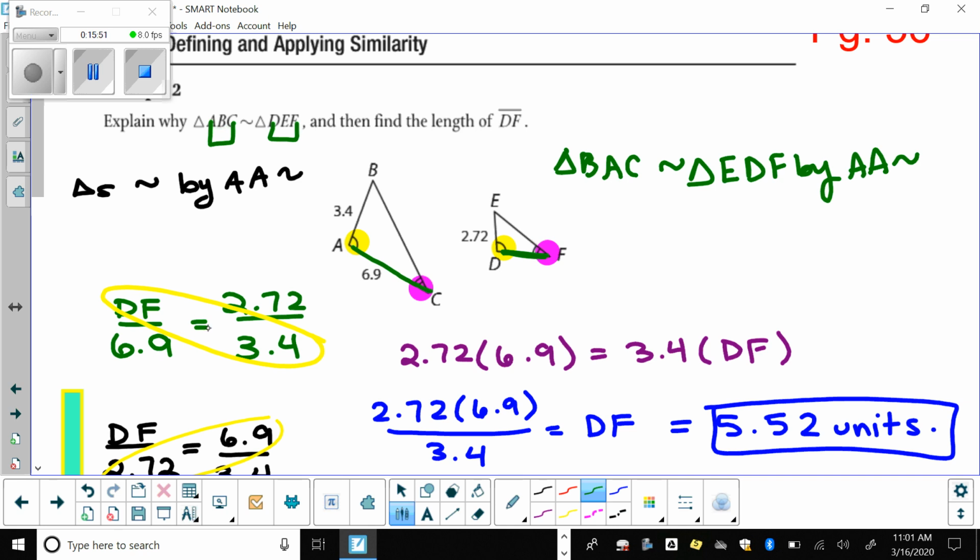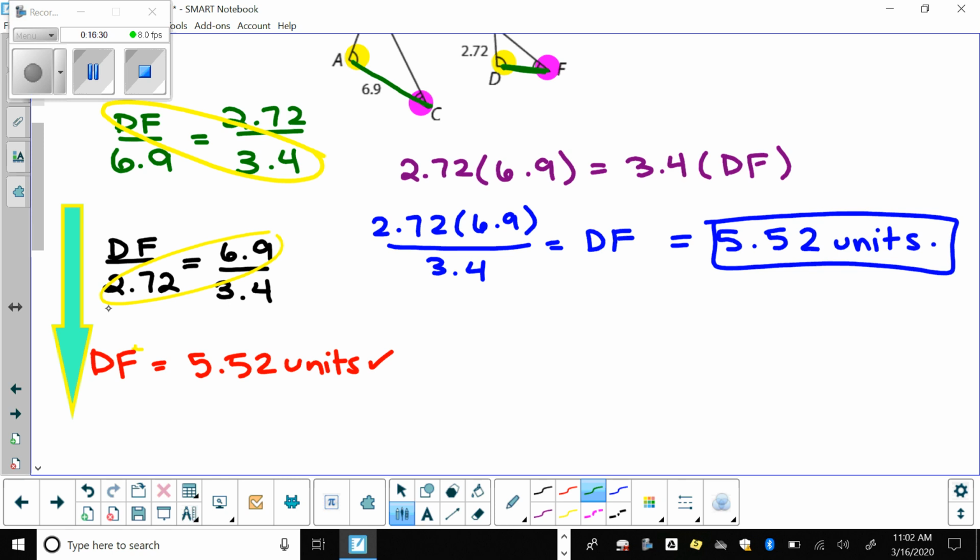That's equal to, going from the little triangle over the big, another side of the little triangle, 2.72, compared with the larger triangle's corresponding side, 3.4. I cross multiply and divide by 3.4. Here's my segment length for DF, 5.52 of whatever unit we're using.